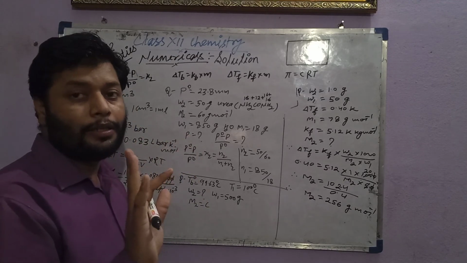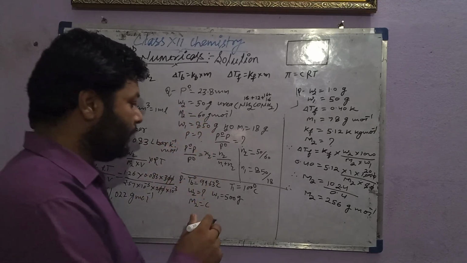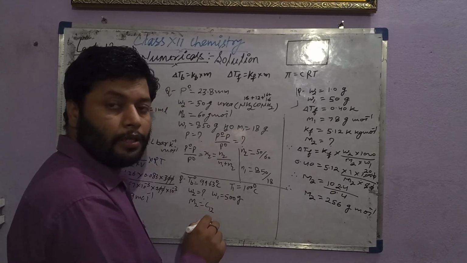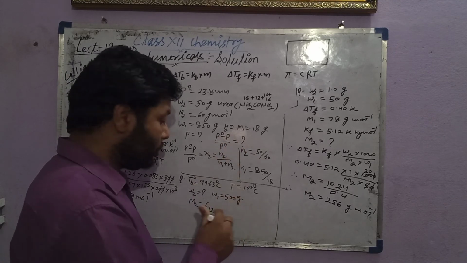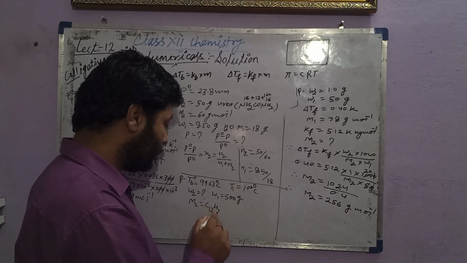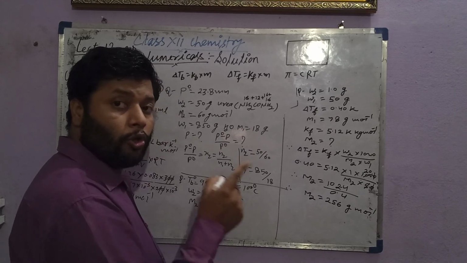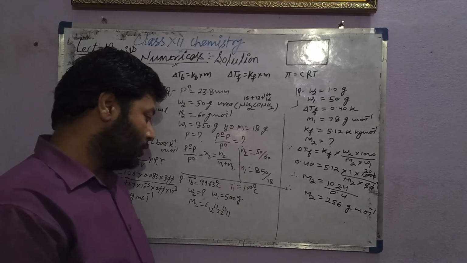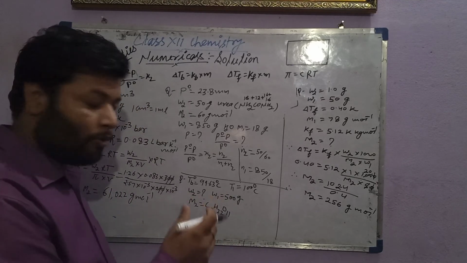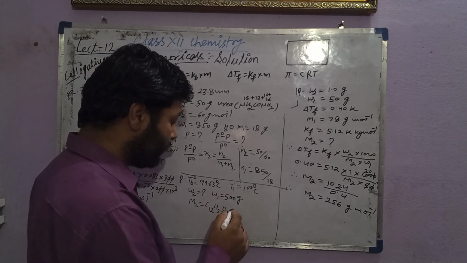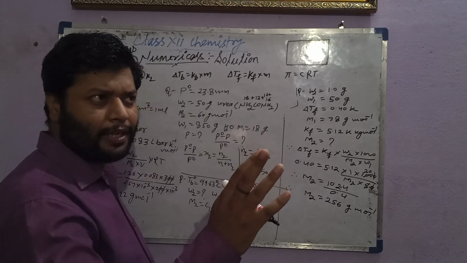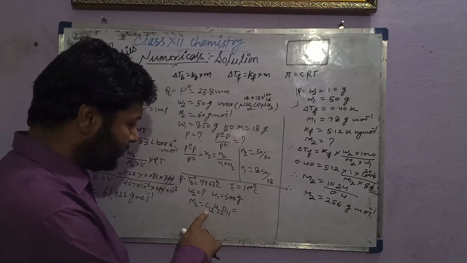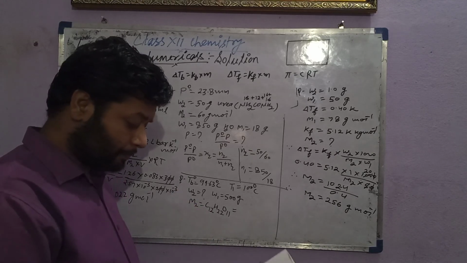So the formula is C12H22O11. Just take out the molar mass with the help of the formula. I think it will come to 380 or 360 approx. I am not sure, so just calculate with the help of the formula what the molar mass will be.